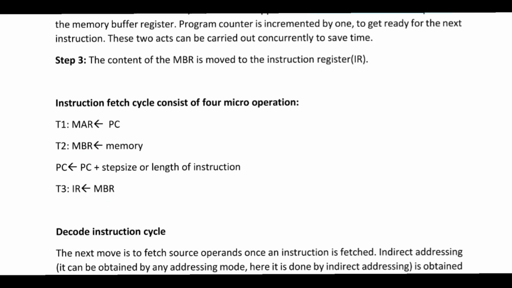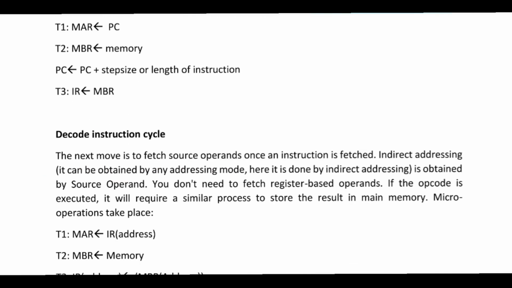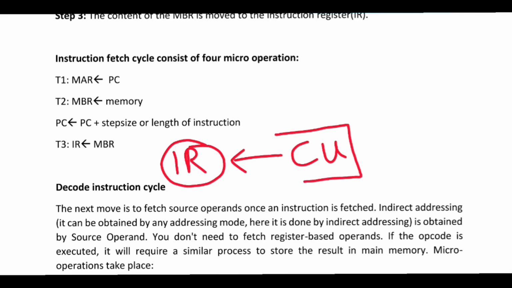Let's move to instruction decode, also called the decode instruction cycle. In instruction decode, the instruction in the instruction register will be decoded by the control unit. Control unit plays a vital role. The control unit decodes the instruction inside the instruction register.